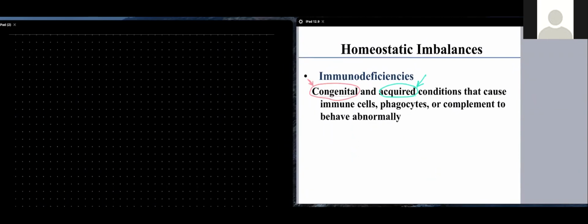He has defective immune responses that will not allow him to fight infections. This might be caused by a problem with the immune cells, like the phagocytes, or might be due to a problem in the complement that behaves in an abnormal way.